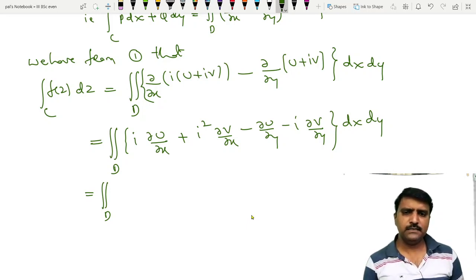So i square is minus 1. Take minus 1 as a common factor and write minus of (del v by del x plus del u by del y).